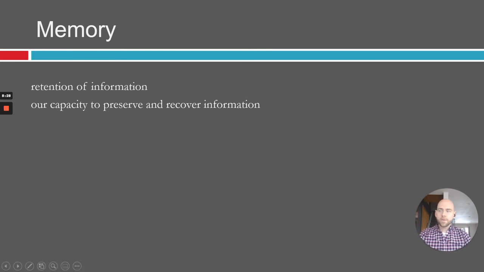But you might also think about it in a little more complex way, where you include how you can recover information, how you call up those memories, which that first definition doesn't necessarily say. So some might refer to memory as our capacity to preserve and then recover that information. So both storage and access, basically.